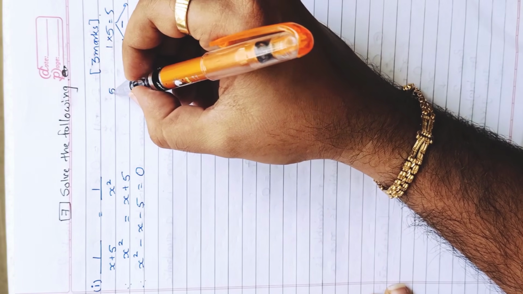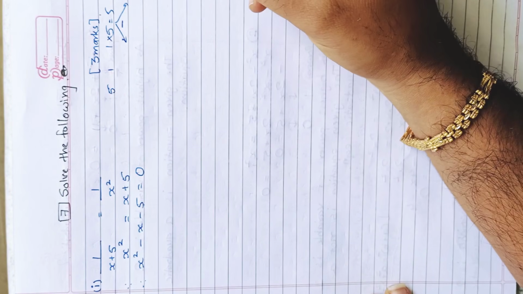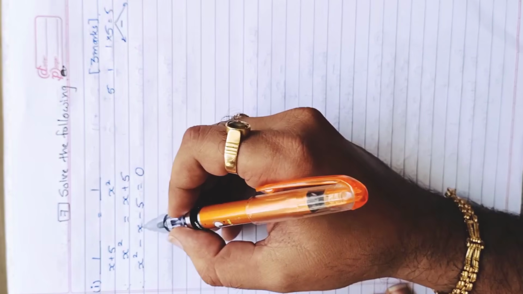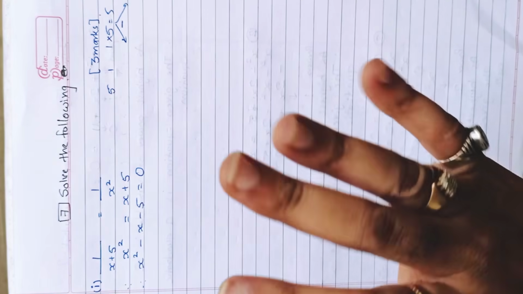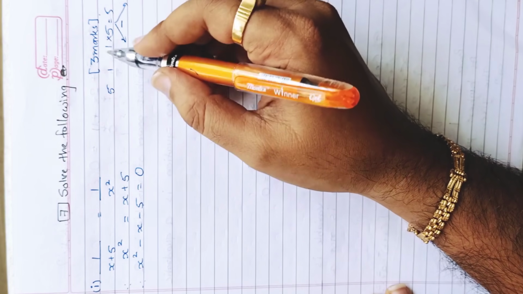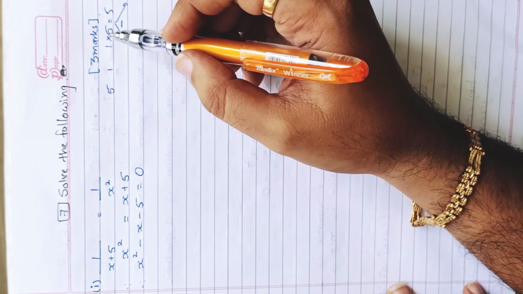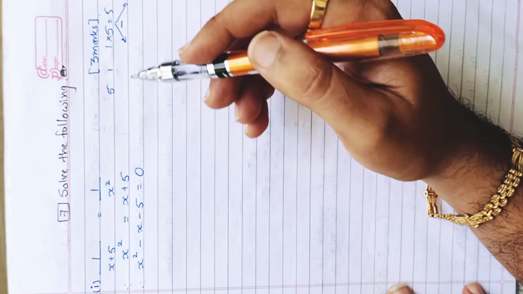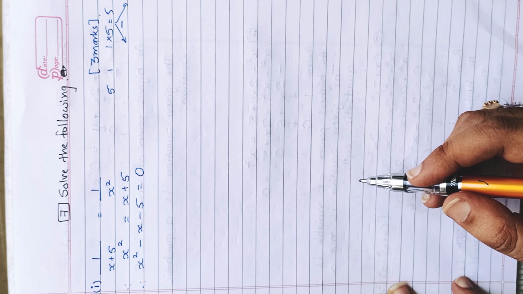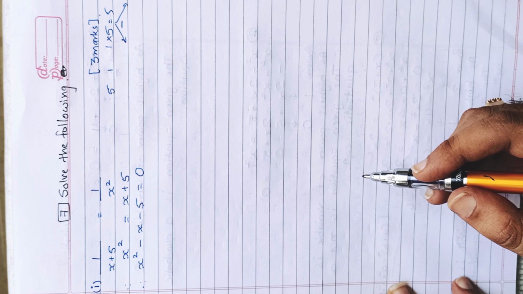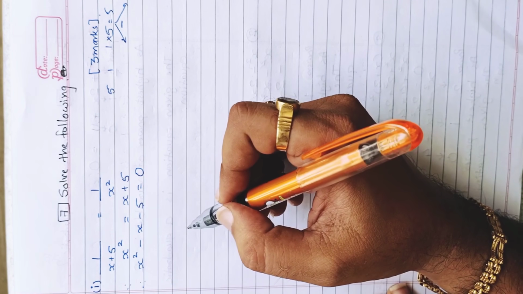The factors of 5 are 5 ones are 5 only, and the difference is 4. The difference will not come minus 1, right? The difference will come 4. So we cannot do it by the factorization method, right? So now the next options are the completing square method or the formula method. I would advise you to do the formula method because that is easy.